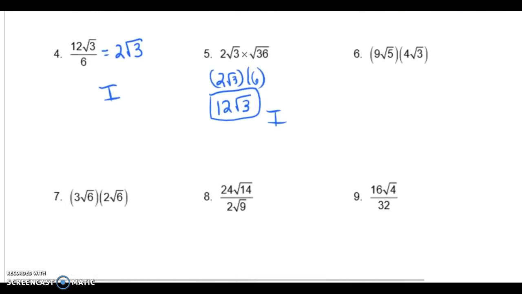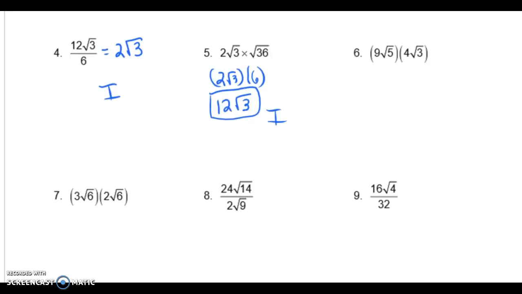And then one more, let's look at number 8. On number 8, if we don't recognize that in the bottom we have the square root of 9, it makes things a lot more challenging for us, because 14 divided by 9 is 1 and 5/9, so I'm not really sure what that is as a simplified radical. So much easier if we recognize that 9 is a perfect square, because we can just turn that into a 3.